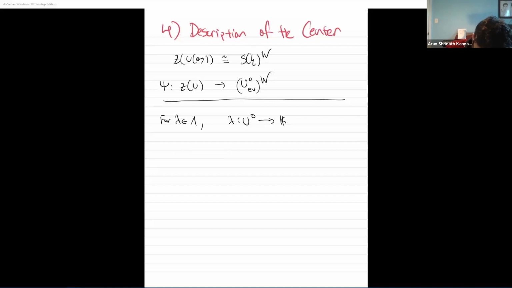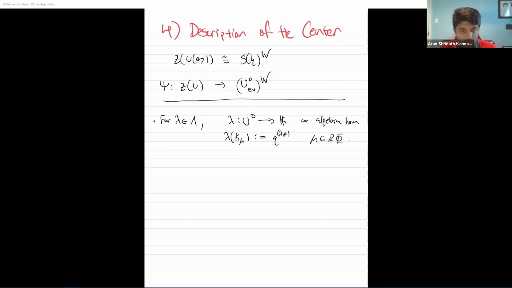We define it on the basis vectors by lambda of k mu equals q to the lambda mu, where mu is in the root lattice.